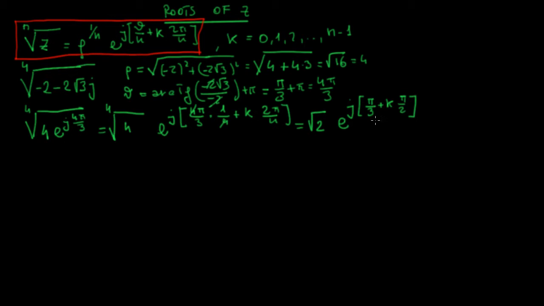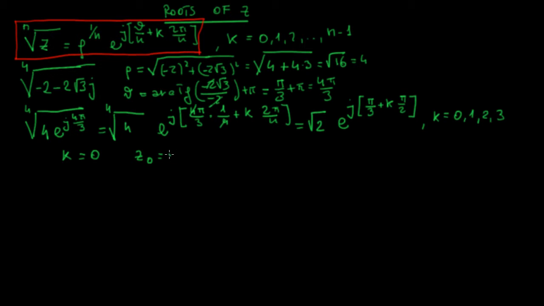So let us consider the values. The values of k to be considered are 0, 1, 2, and 3, because n is 4, so 3 is the last value of k that we have to consider. Let's start with k equals 0. I will denote the root corresponding to k equals 0 as z sub 0.